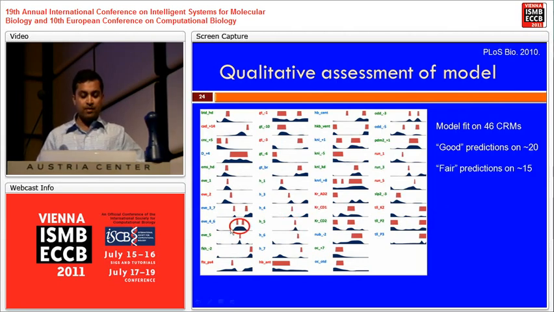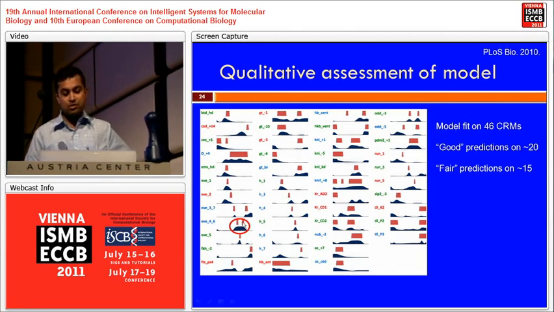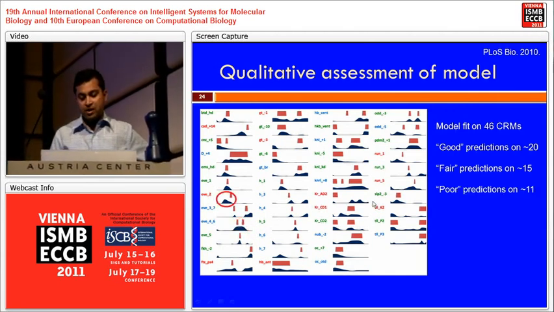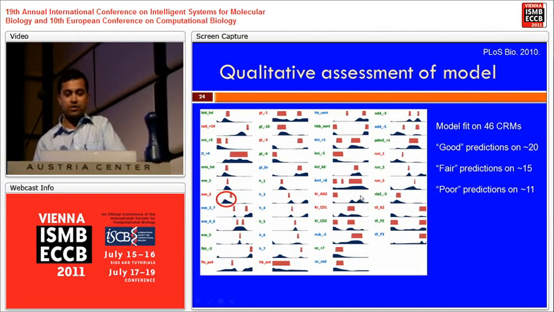On about 15 of them, the predicted expression had a fair match, so there were some aspects that we were missing. For example, here we are missing the dip in the expression between the stripes 4 and 6 of even skipped. And there were 11 of these CRMs for which we were completely off. And I'm not going into more quantitative assessment of the model, using statistical methods, just to give a feel of how well the model works.